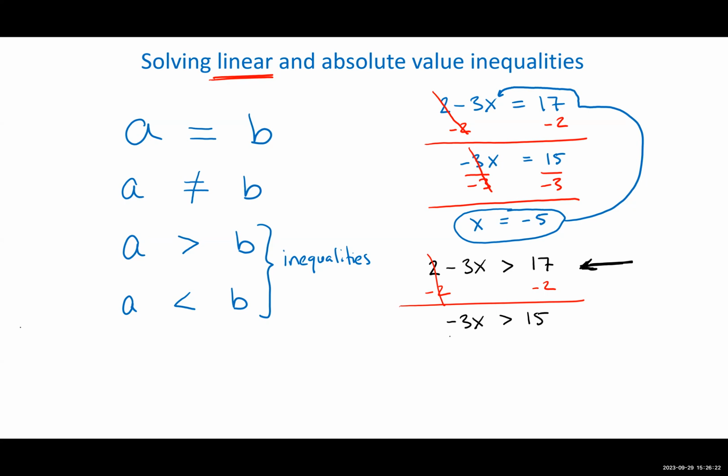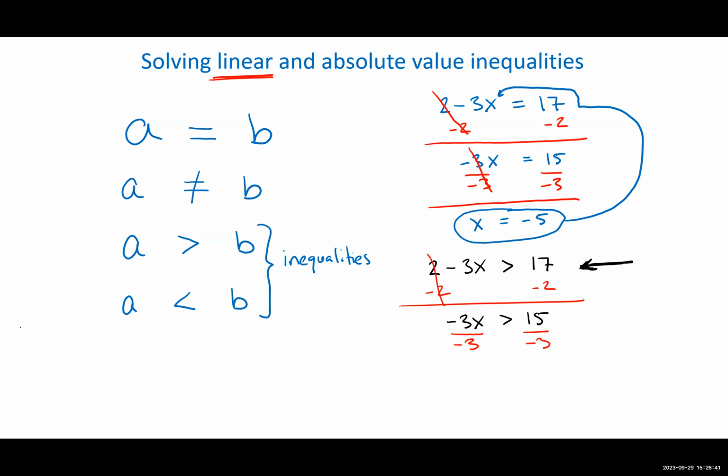So the second difference is, if you multiply or divide both sides of the equation by a negative number, like we do here, we divide by -3, just like we did in the equation up here.